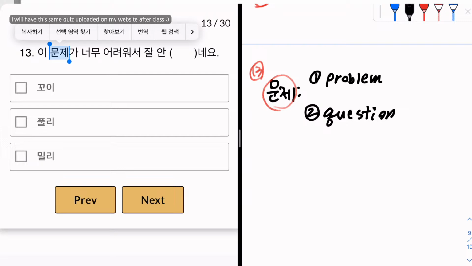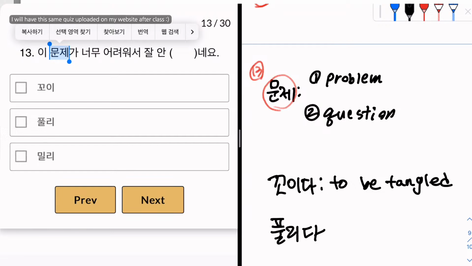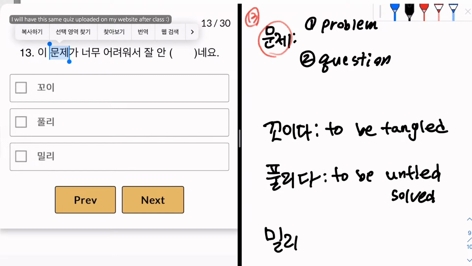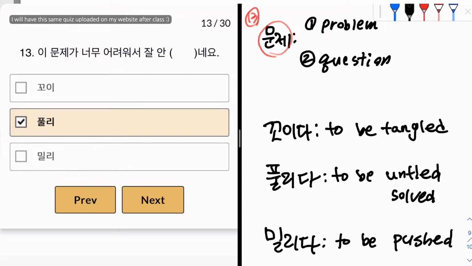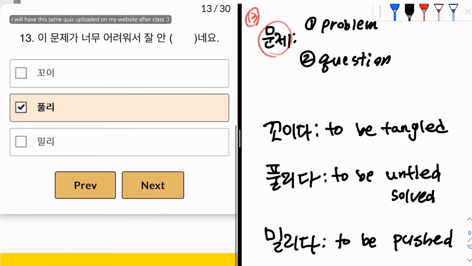So first, 꼬이다 would mean to be tangled, right? And 풀리다 would be 풀다's passive form. So it means to be untied or solved. And 밀리다 means to be pushed, 밀다's passive form. Problems can be tangled, problems can be solved, problems can be pushed back.